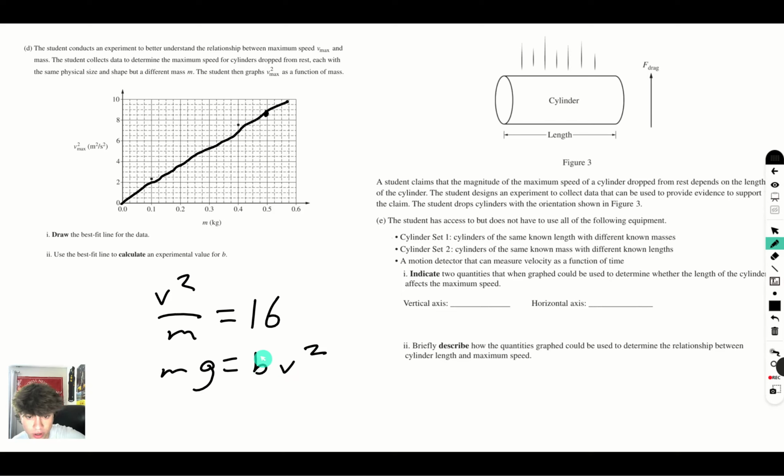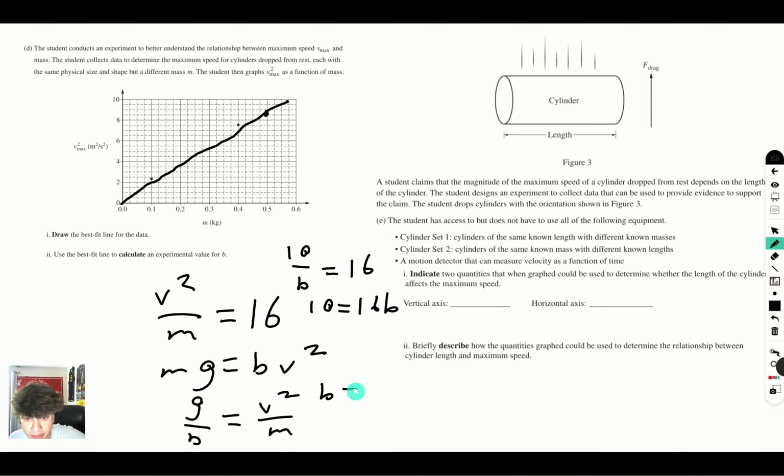And if we want to find v squared over m, we'll divide both sides by b and m. We will get g over b is equal to v squared over m, meaning that g, which is approximately 10, over b will give you 16. 10 over b is equal to 16. 10 is equal to 16b.